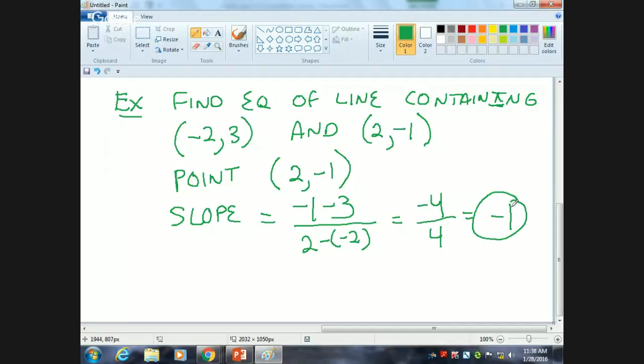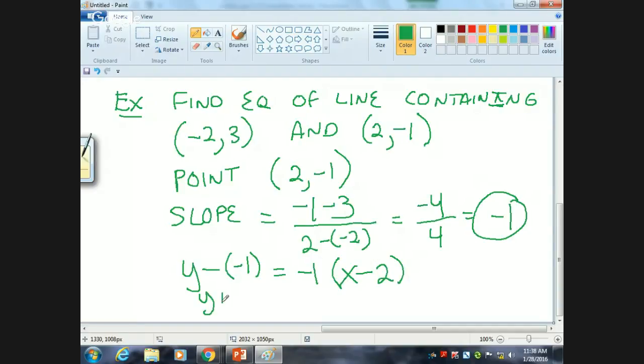Dr. Artie says that's all I need to be able to find the equation of the line. I take it back to the point-slope form of the line, y minus the y of our chosen point. We decided 2, -1 is going to be our chosen point, equals m. Our m in this case is our slope, -1, times x minus the x of this chosen point.